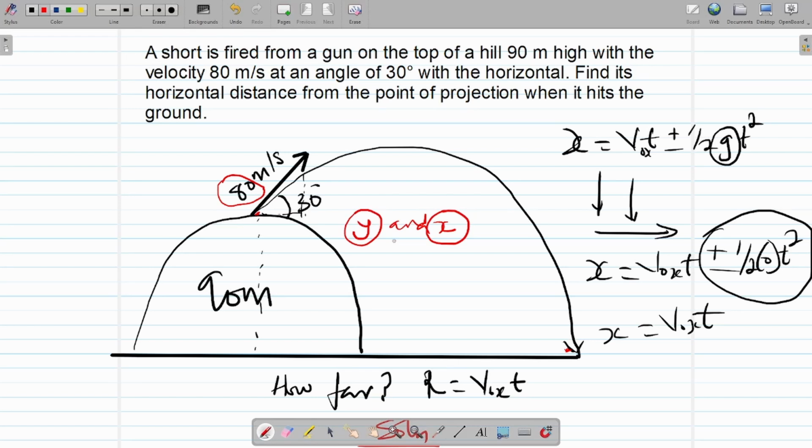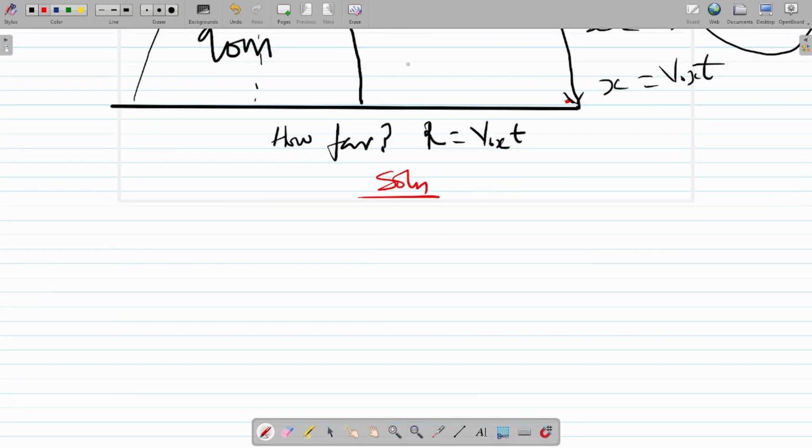That is how it works. Now, how do you break this velocity into components? We say that the initial velocity in the y direction is equal to the initial velocity multiplied by the sine of the angle. And the initial velocity in the x direction is equal to the magnitude of the initial velocity multiplied by the cosine of the angle.